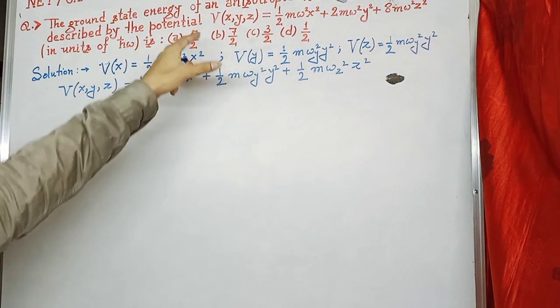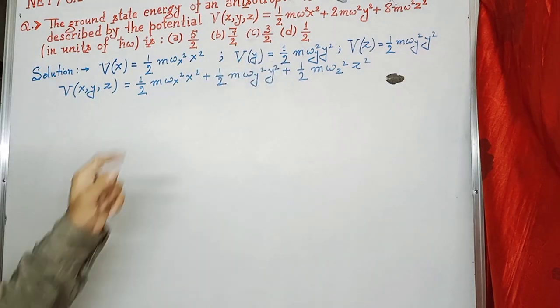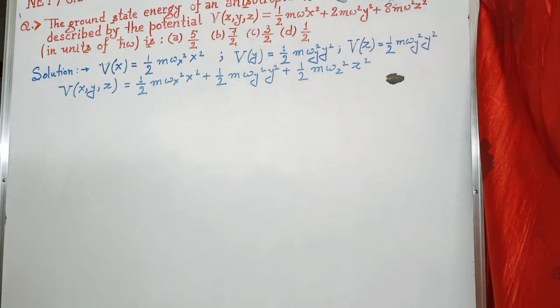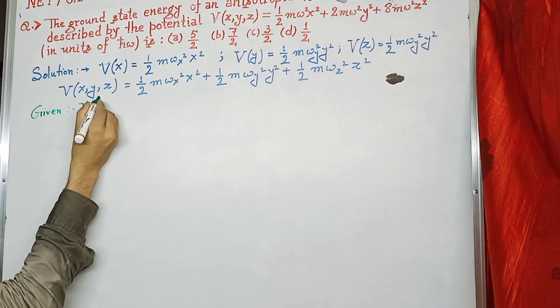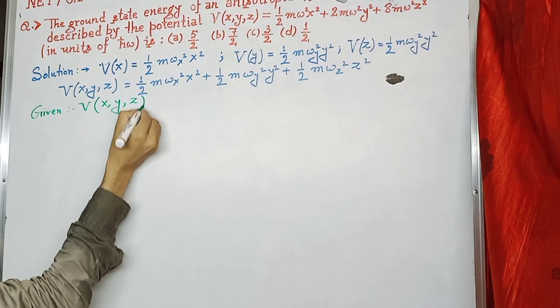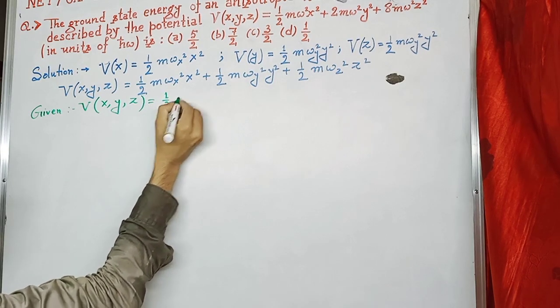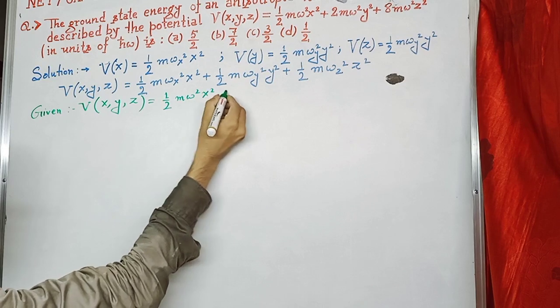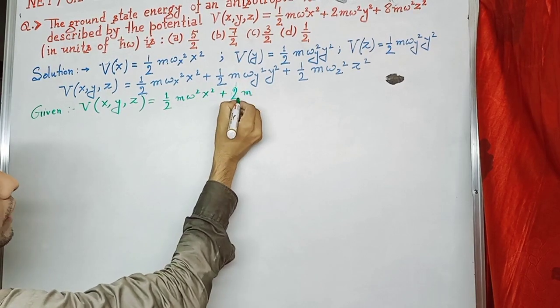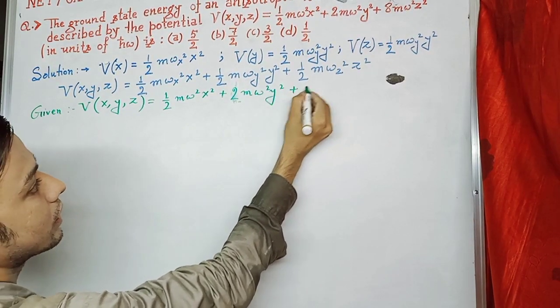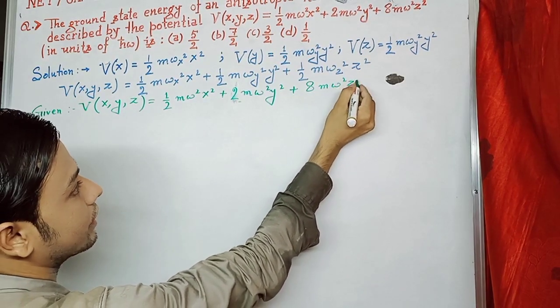But in our given question, it is given that V of x, y, z equals half m omega square x square plus 2 m omega square y square plus 8 m omega square z square.